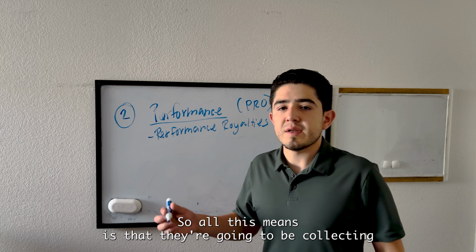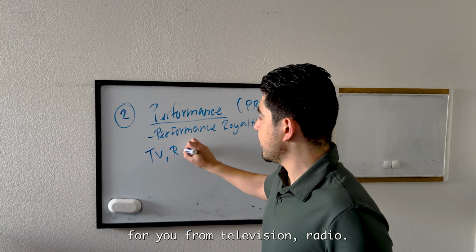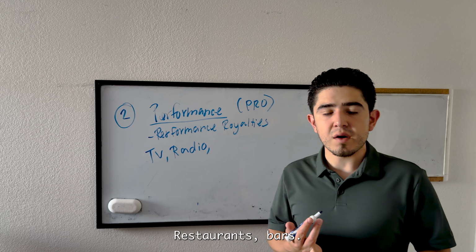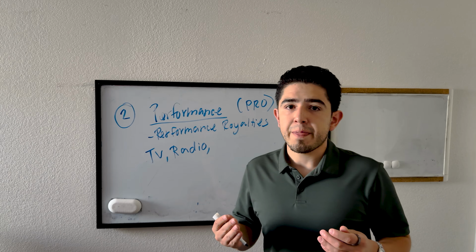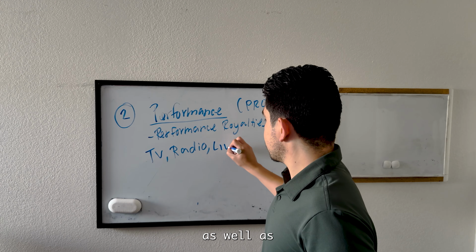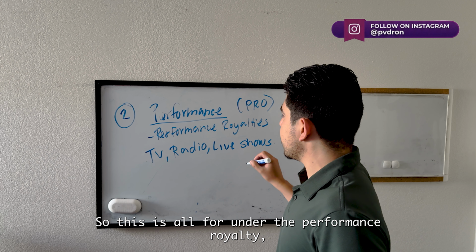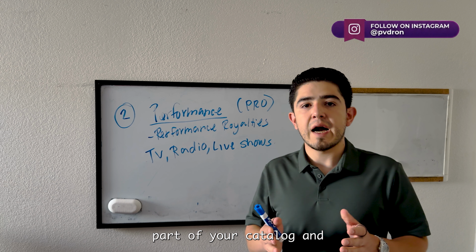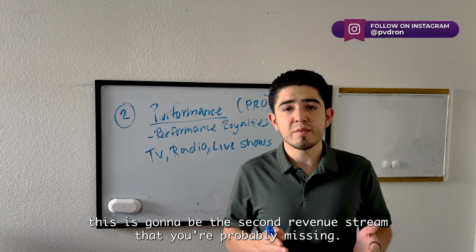So all this means is that they're going to be collecting for you from television, radio, restaurants, bars, when you're walking through the mall and you hear music in the background, as well as live shows. So these all fall under the performance royalty part of your catalog. And this is going to be the second revenue stream that you're probably missing.